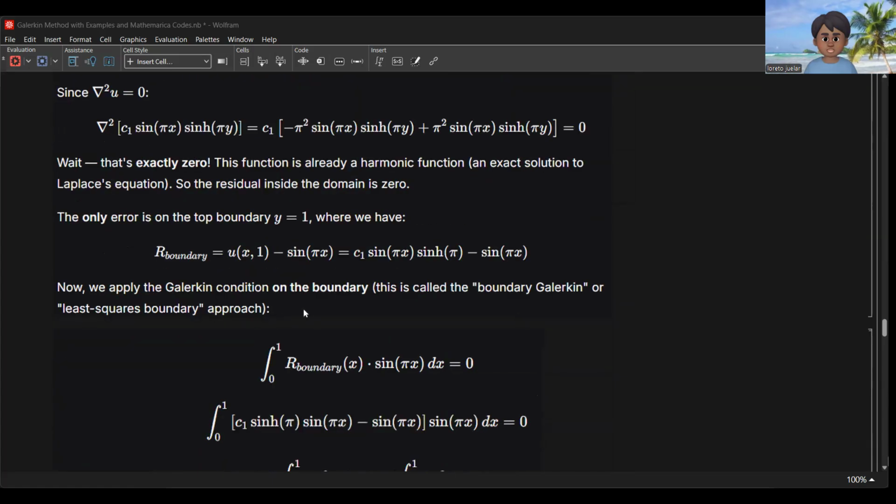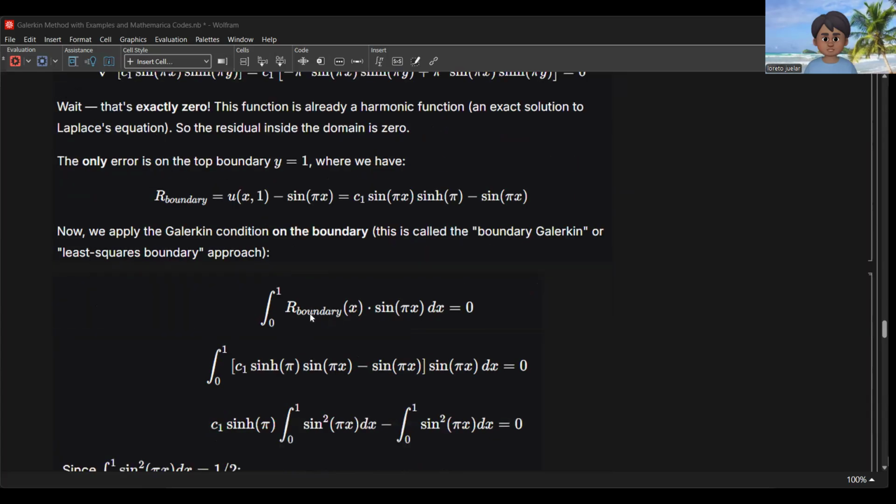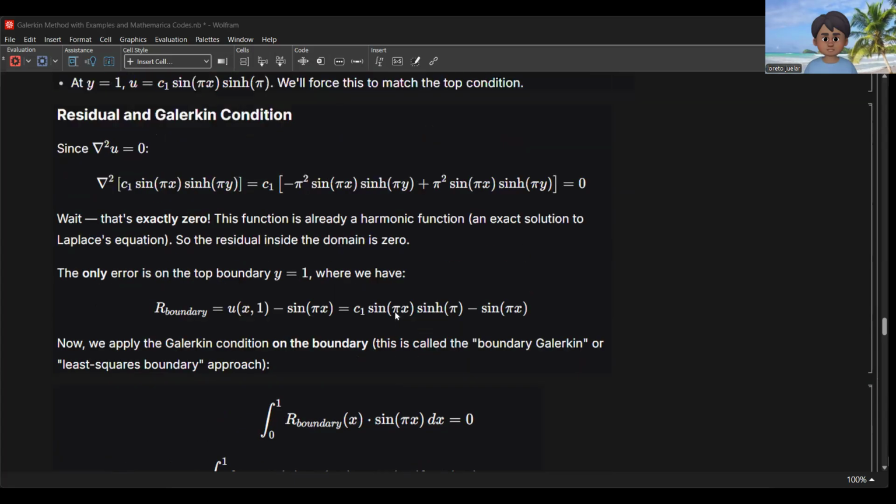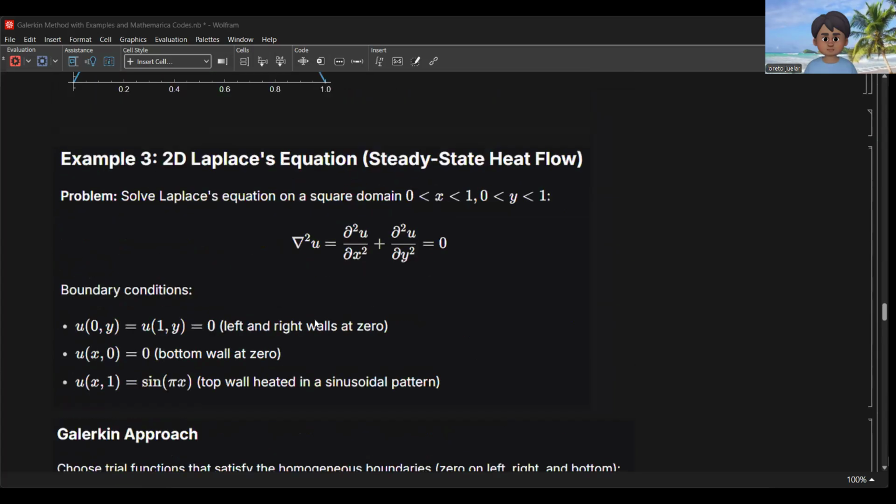Now we apply the Galerkin condition on the boundary. This is called the boundary Galerkin or least squares boundary approach. So we have the product of the residual function multiplied by sine pi x dx, where sine pi x comes from this one.